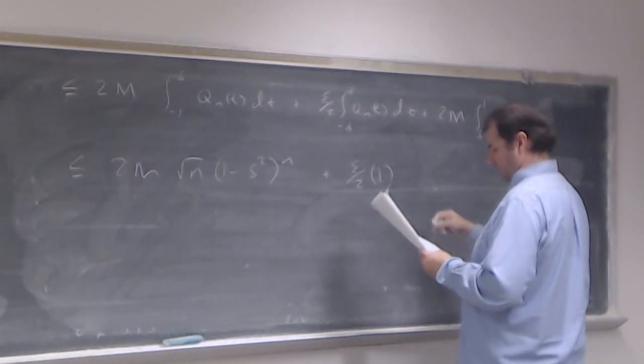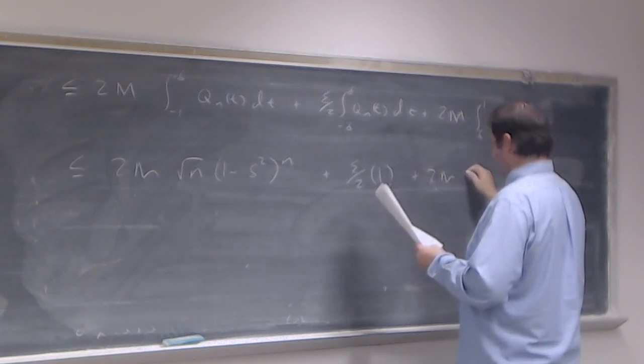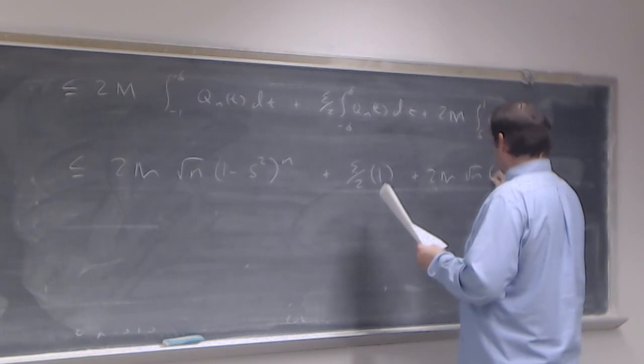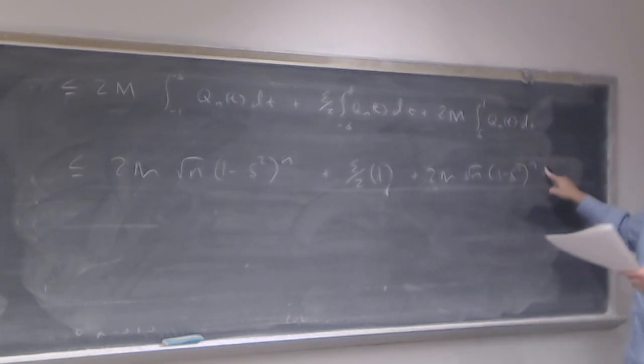Plus 2m, and substituting something bigger for the last one, it's the square root of n times (1 minus delta squared) raised to the n. And that's what I have.